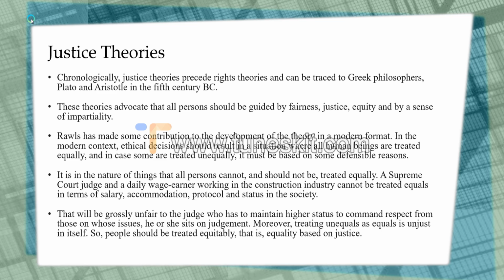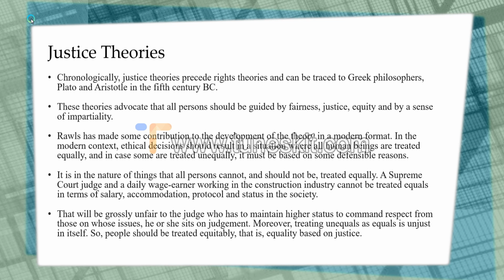Now, Rawls, another critic, has made some contribution to the development of the theory in a modern format. In the modern context, ethical decisions should result in a situation where all human beings are treated equally.